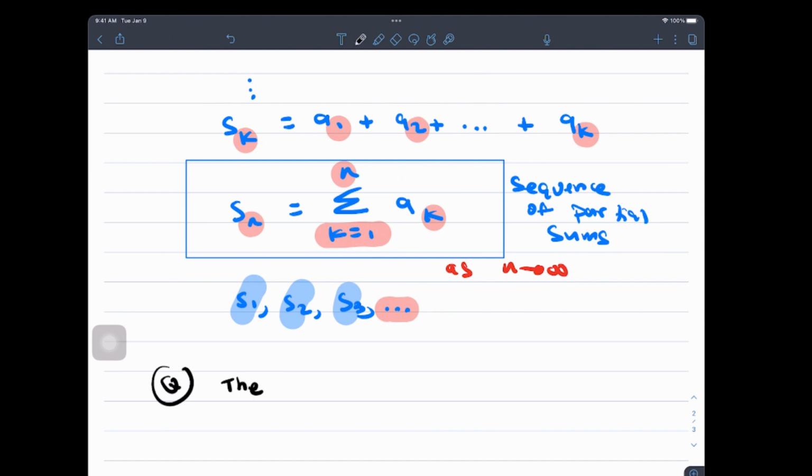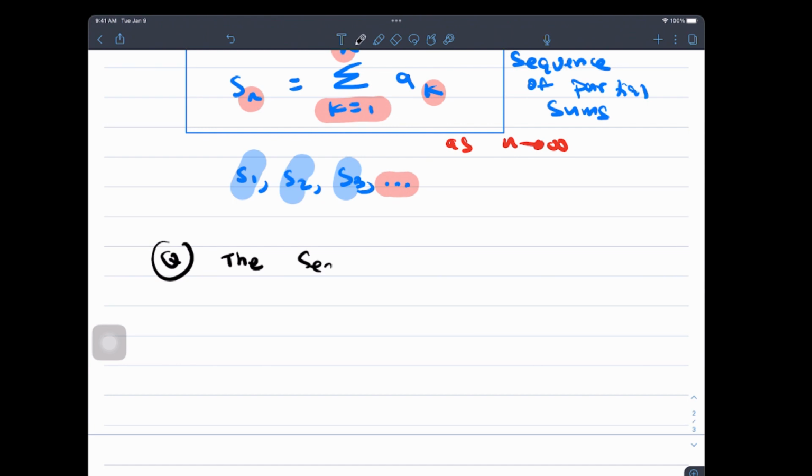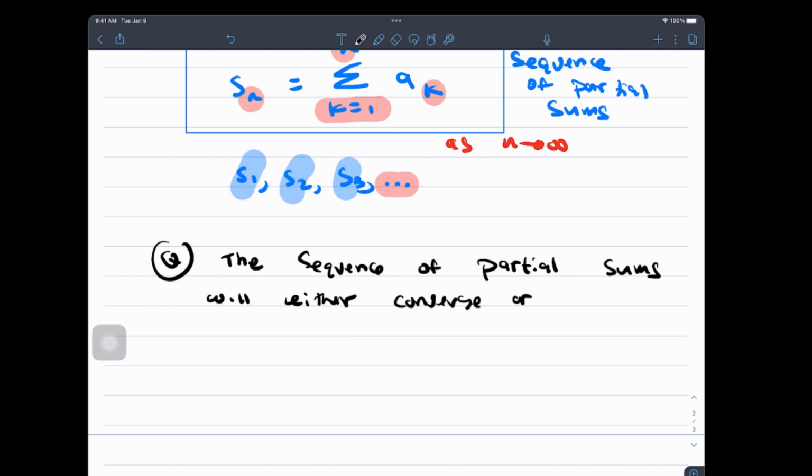The sequence of partial sums will either converge or diverge. And that's how you get the infinite sum.